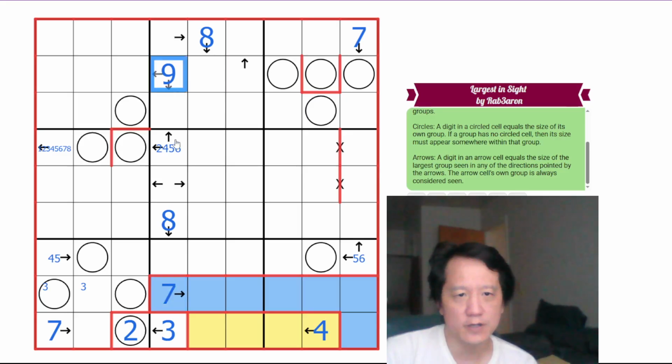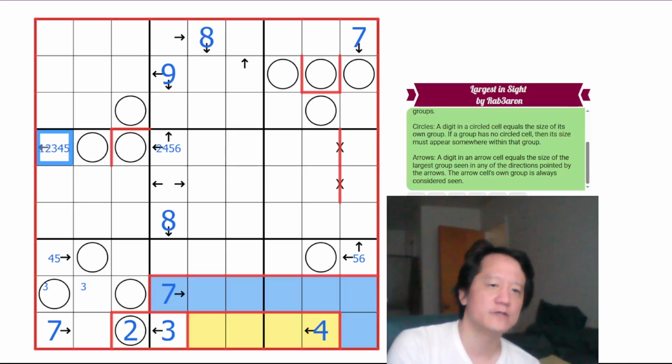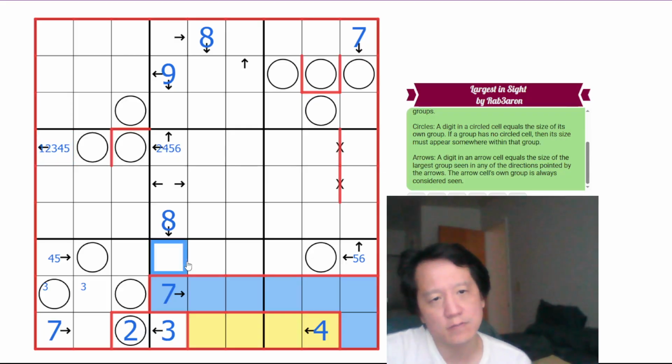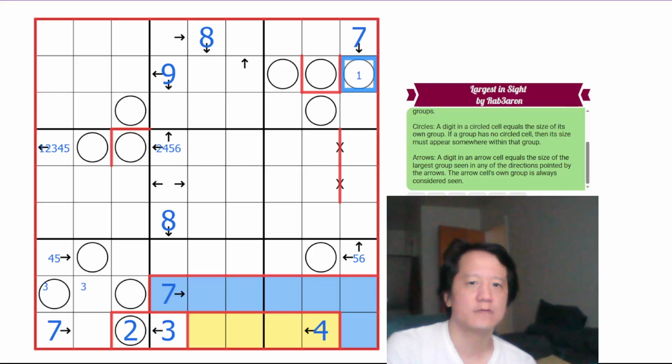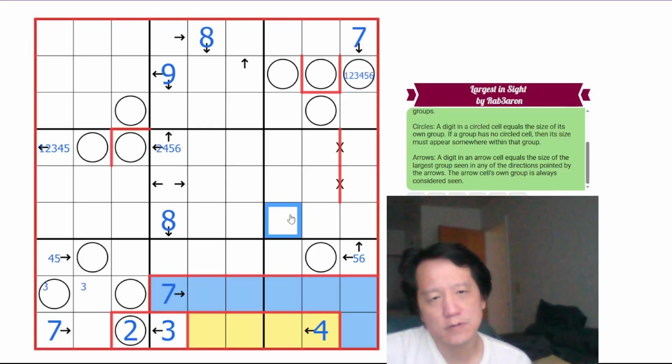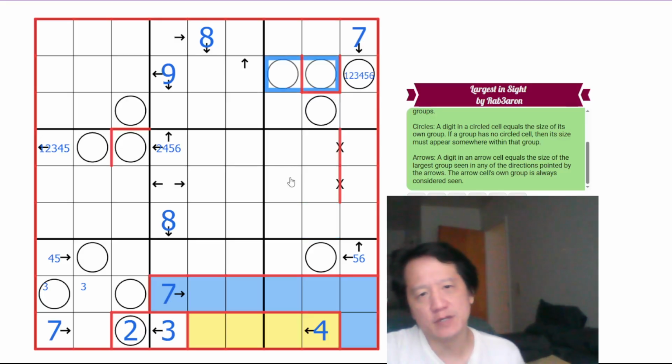We have 7, 8, and 9. This is less than that. So it cannot be 7, 8, or 6 even. This sees that direction, so it's less than 7. None of these can be 9.